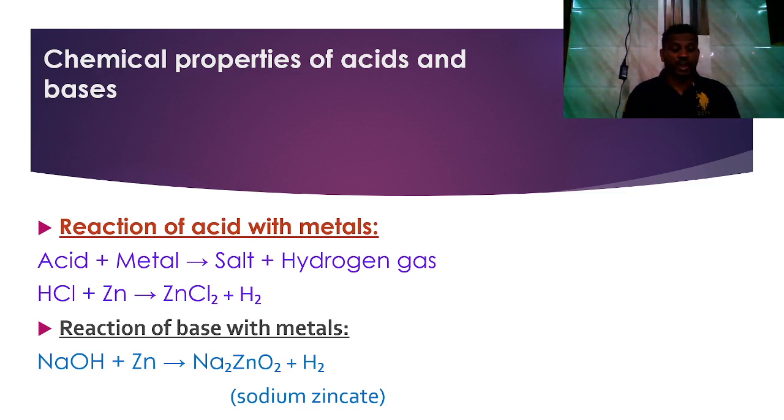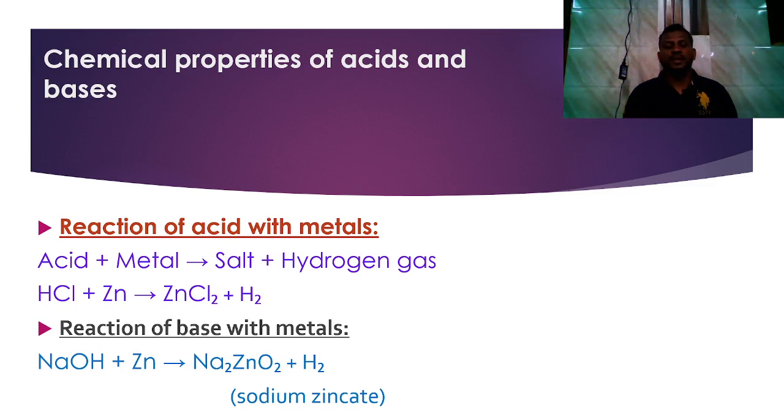What are the products? The acid, when it reacts with metal, gives out salt and hydrogen gas. Remember, when any acid reacts with a metal, it gives a salt and hydrogen gas.